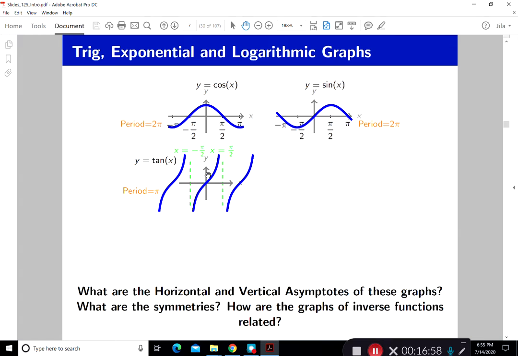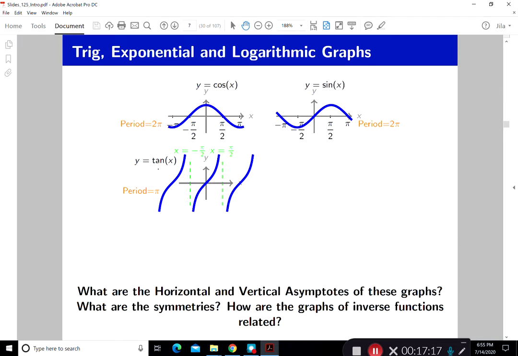Tangent of x is periodic, but with infinitely many vertical asymptotes. For example, at pi over 2, where does the asymptote appear? When the denominator is going to be 0.